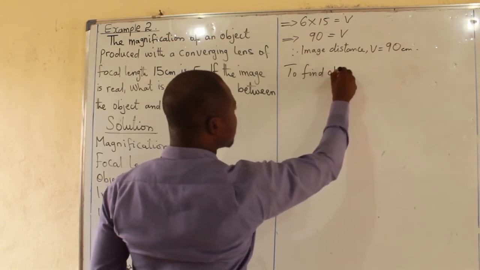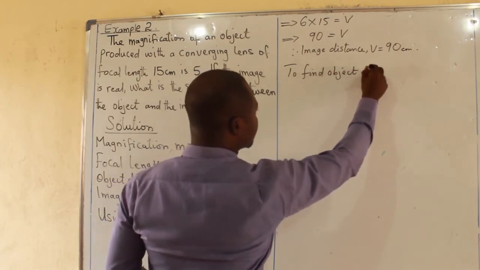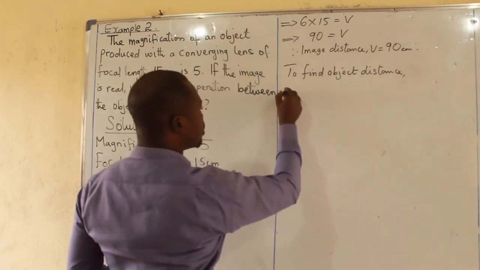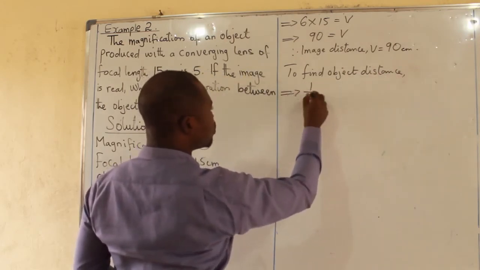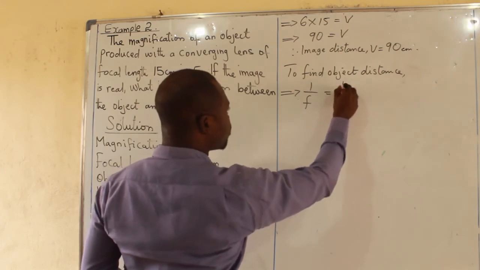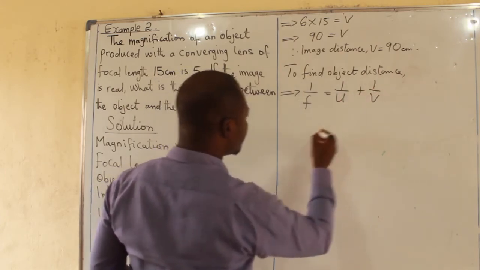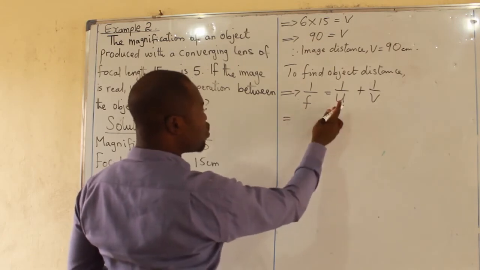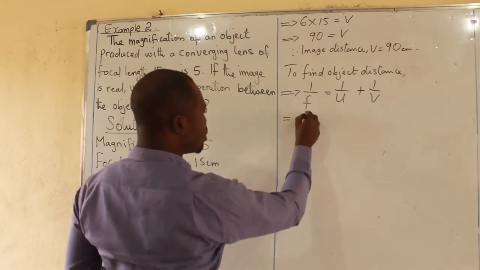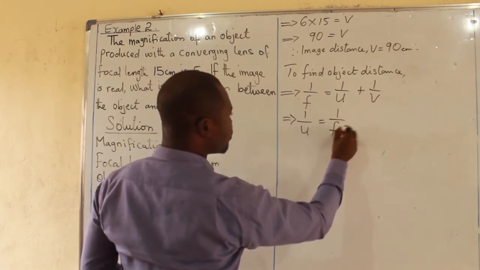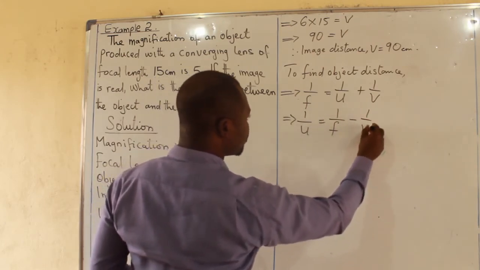We have 1 over f equals 1 over u plus 1 over v. If you make 1 over u the subject, 1 over u equals 1 over f minus 1 over v.